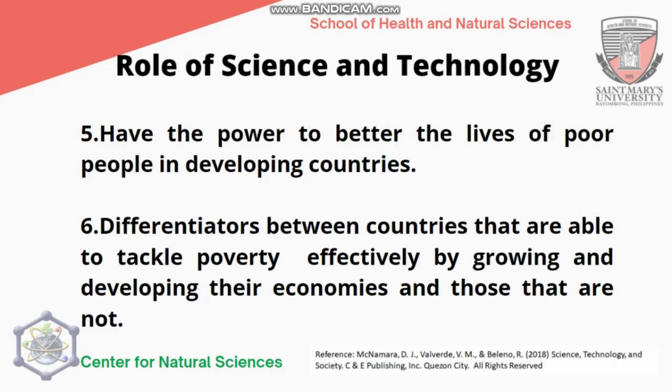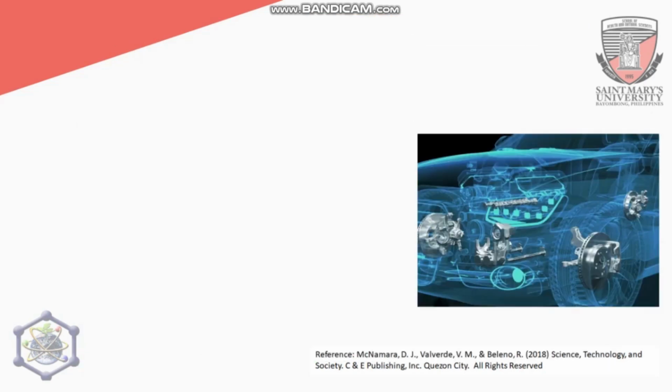Fifth, have the power to better the lives of poor people in developing countries. Science and technology is always in continuous progress to aid and address hunger and other problems. Differentiators between countries that are able to tackle poverty effectively by growing and developing their economies and those that are not, through agriculture and food development or food researches.